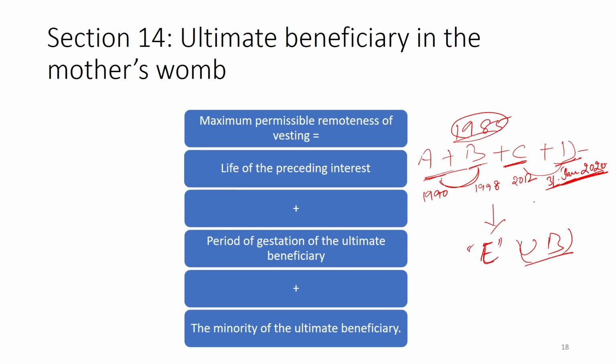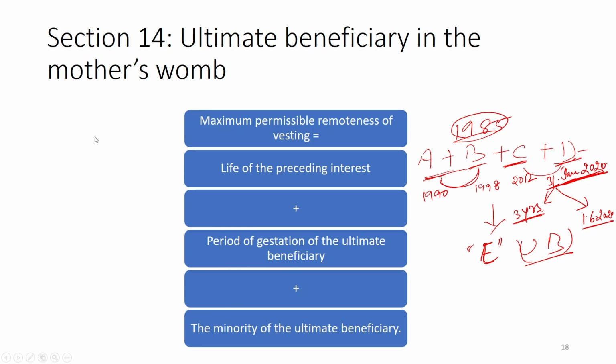In the first case, E was already in existence, that means E was 3 years old on 31st January 2020. In the second case, E took birth on 1st June 2020. This first case is that he was already in existence on 31st January 2020.